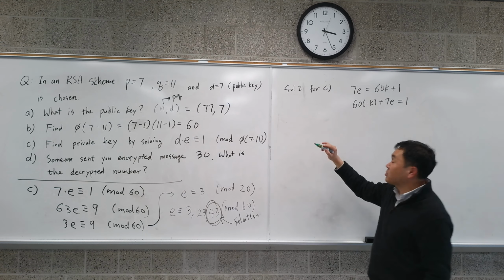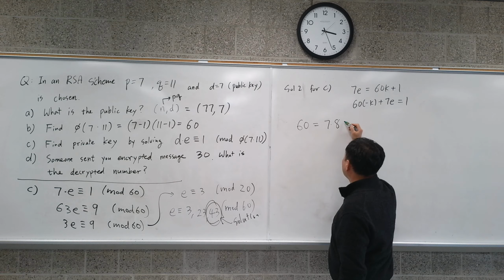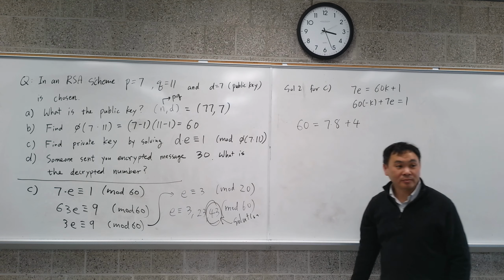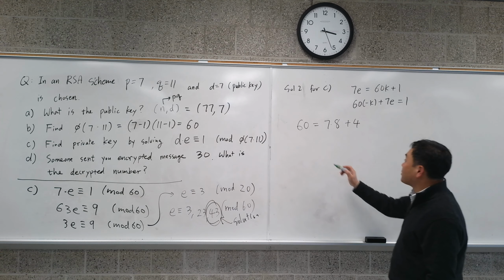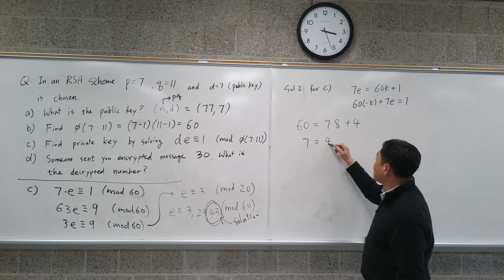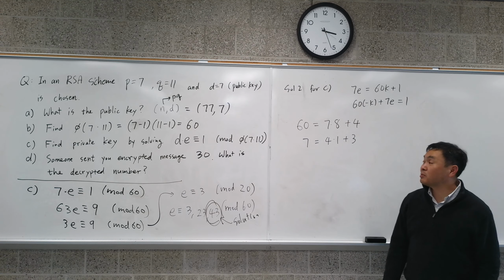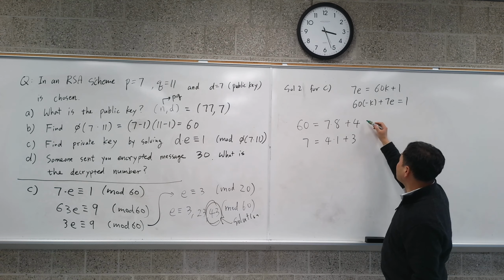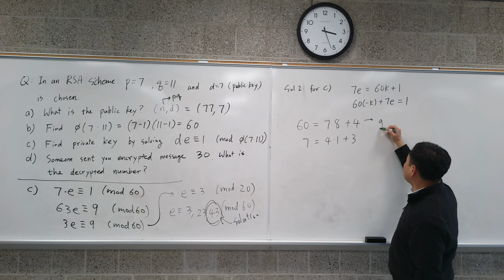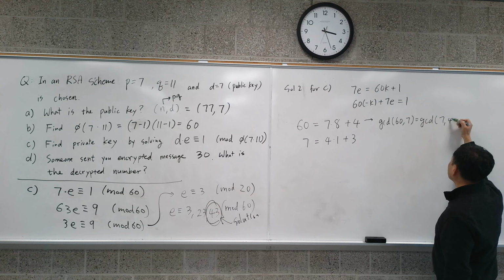Okay? So let's try that. 60 is 7 times 8 plus 4, right? Is that good? 60 is 7 times 8 plus 4. And then 7 is 4 times 1 plus 3. You keep dividing. So the Euclidean algorithm says the GCD of 60 and 7 is equal to the GCD of 7 and 4.